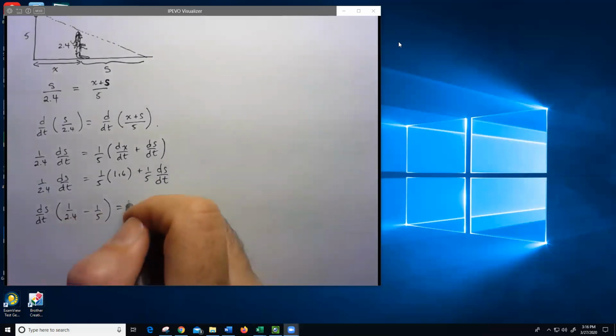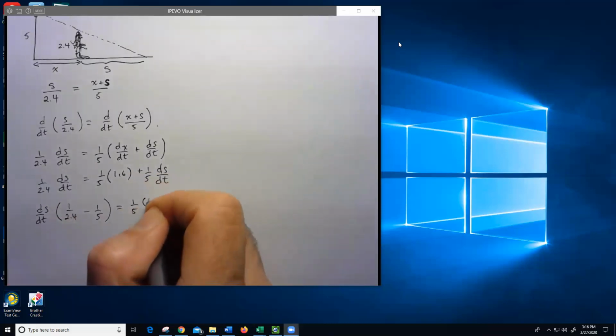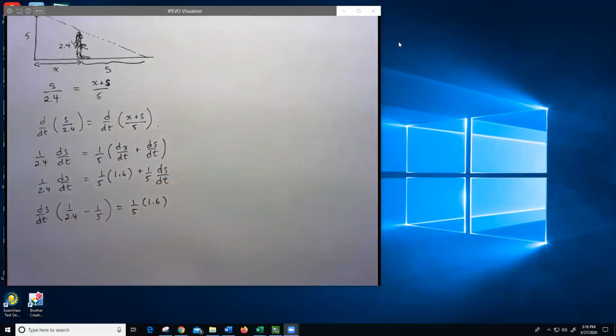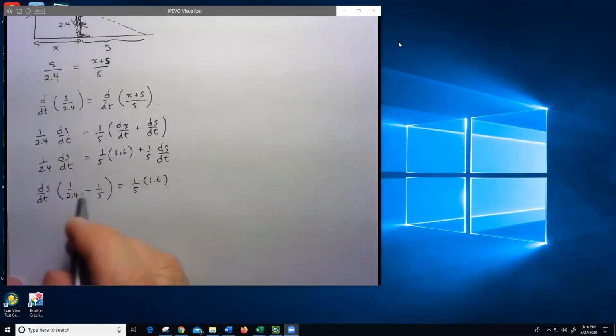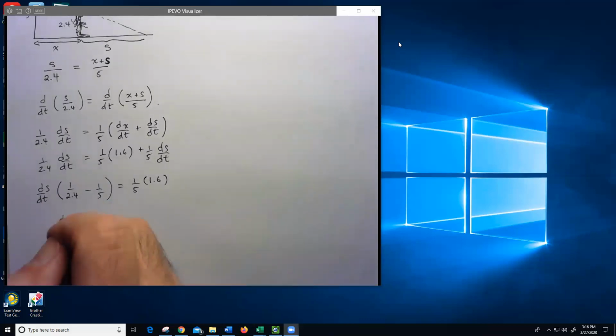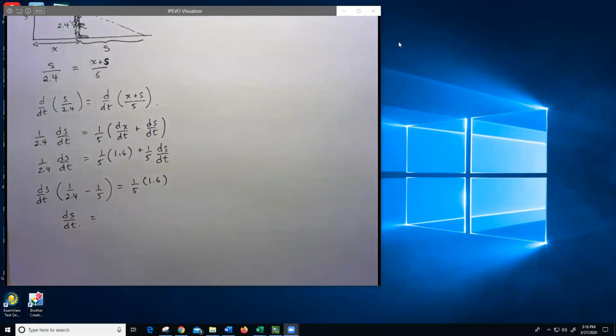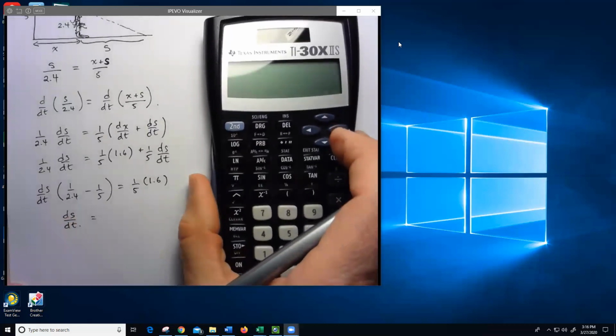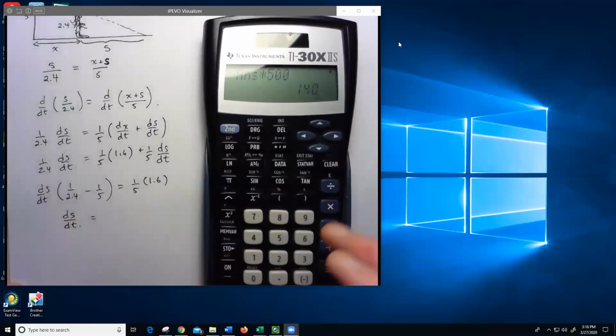And then here I've got 1 over 5 times 1.6. Notice here, I don't worry about putting everything together because I'm going to be looking for an approximation anyway. So I'm going to let my calculator do all this work. Again, I hope everybody's taking a look at my algebra because I might have overcomplicated this a little bit, but it should work out, so no worries.